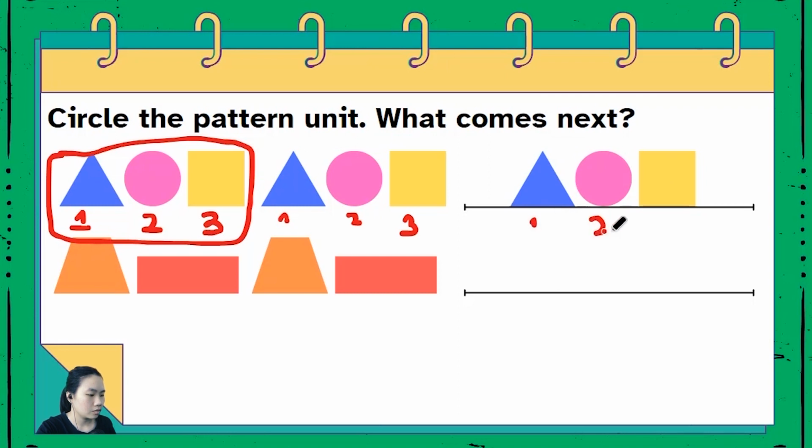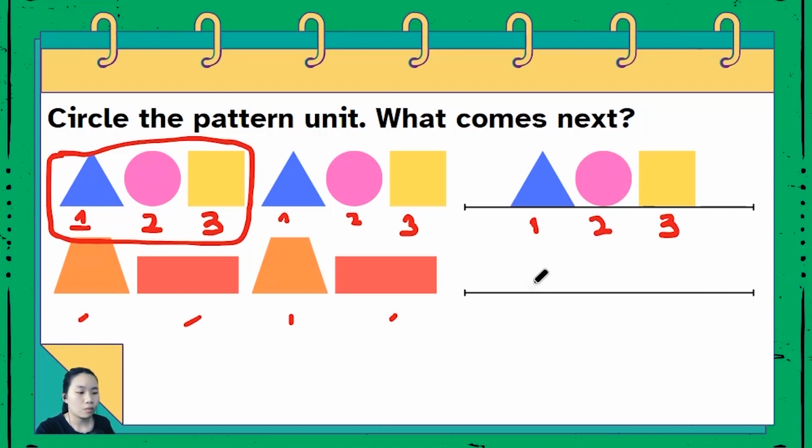1, 2, 3. Now, down here to this pattern, do you remember the name of the shape? It is a trapezoid, okay? Next up to a trapezoid is a rectangle, okay? We have a trapezoid, a rectangle, a trapezoid, and a rectangle once again.